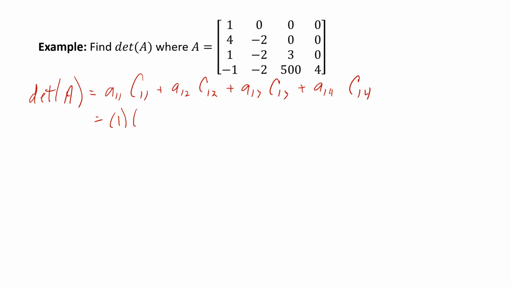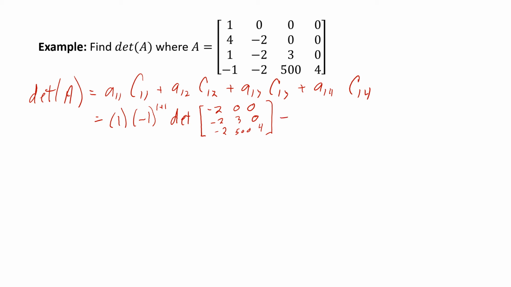Well, that's equal to -1 to the 1 plus 1 times the determinant of what you get when you eliminate the first row and the first column. So it's -2, 0, 0, -2, 3, 0, -2, 500, and 4. Okay, so there is the first term.